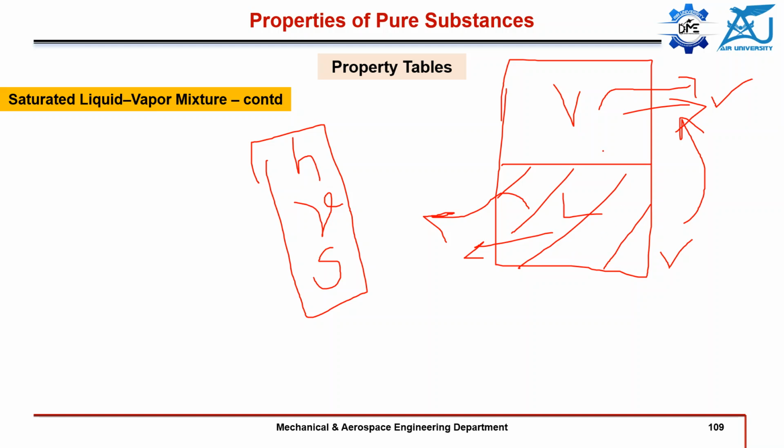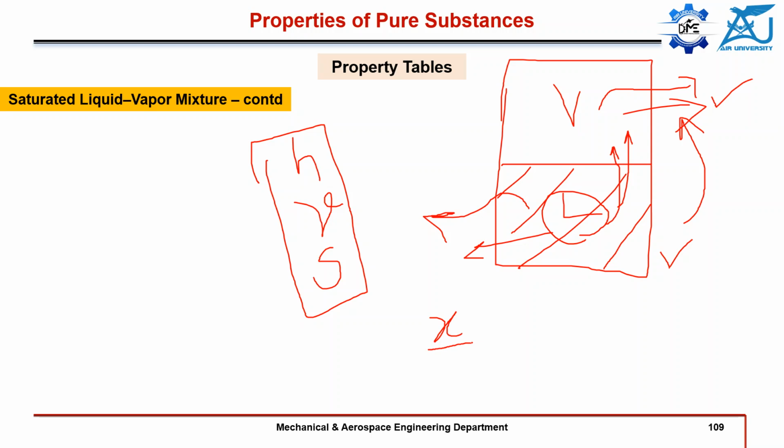Phase is changing, so this means liquid is evaporating if we are supplying heat, so definitely the liquid phase is changing to vapor phase. In other words, the quality is changing. So this property x is changing during the phase change process.